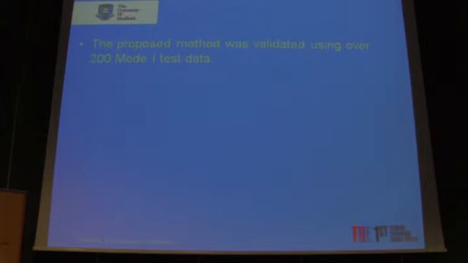To do so, I've compiled a data set made up of over 200 Mode 1 test data results taken from technical literature, of which many are actually representative of maybe 3 or 5 experimental results.